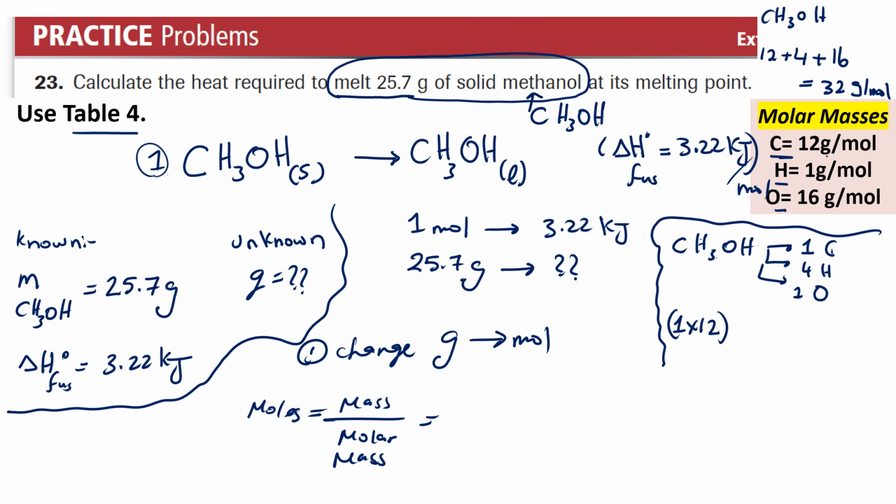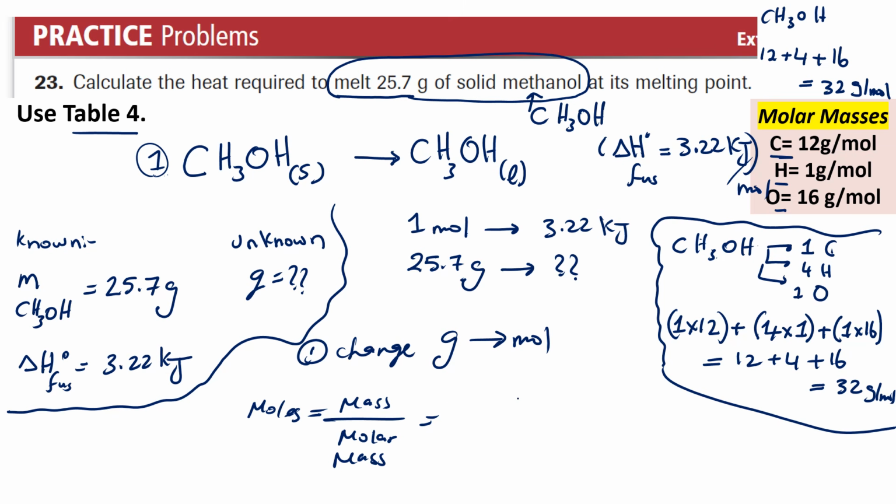Because you have 1 carbon, so 1 times 12 plus. How many H's do you have? 4. So 4 times 1 plus. How many oxygens do you have? 1. So 1 times 16, which is equal to 12 plus 4 plus 16 equals to 32 grams per mole.